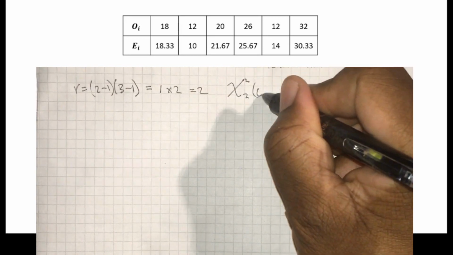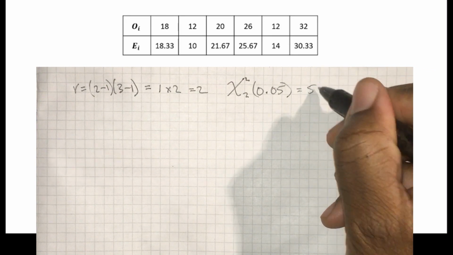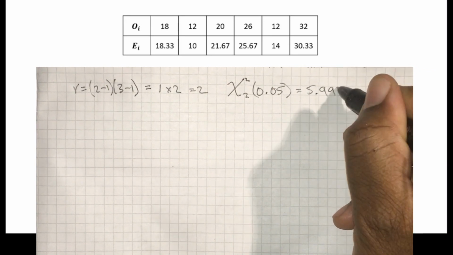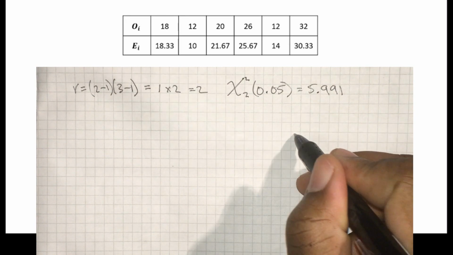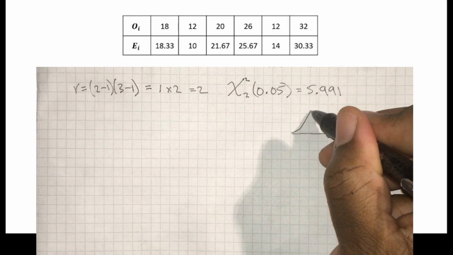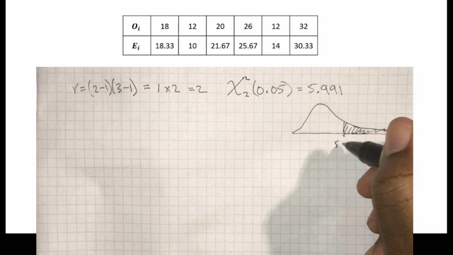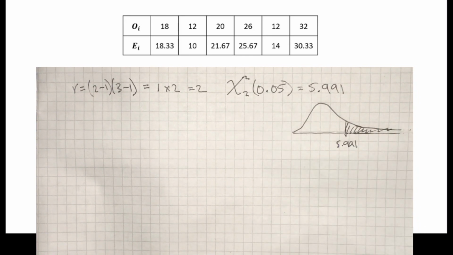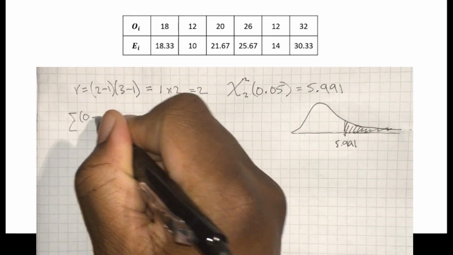Our degrees of freedom, our critical value is going to be 5.991, and I'm going to draw that on a diagram. Any test statistic in this shaded region is going to make us reject H0, and anything not in the shaded region, we do not have enough evidence to reject H0.